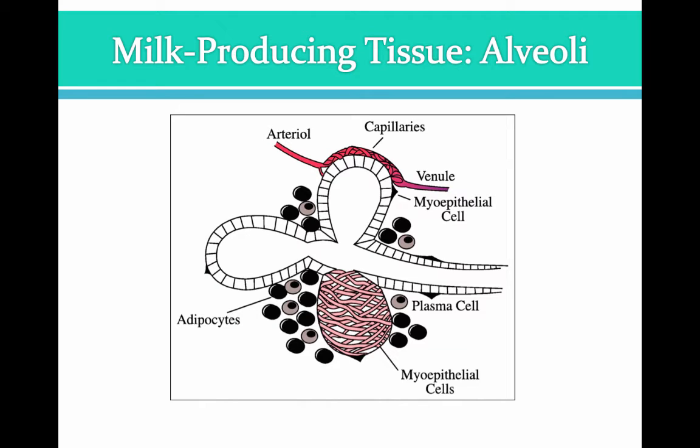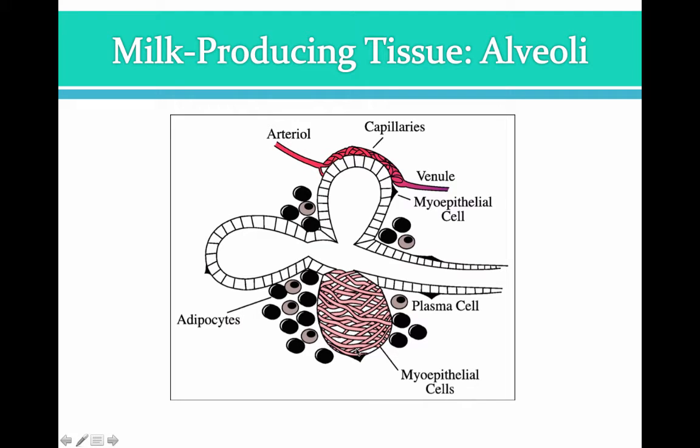So you can see here that there are capillaries surrounding the alveoli. Blood comes through with the nutrients from the mother and then delivers the nutrients to the alveoli so that the mammary gland can make milk from it.